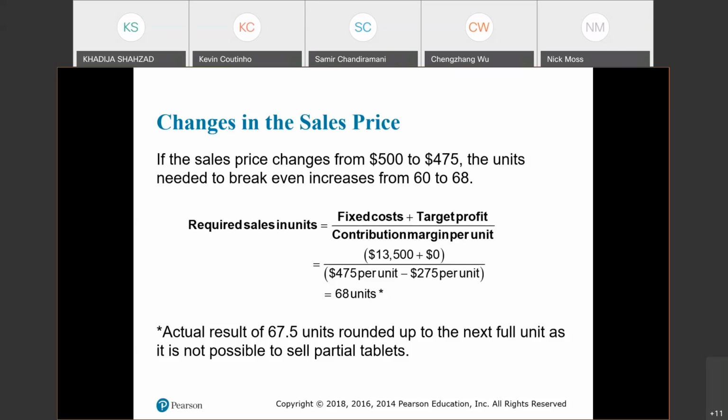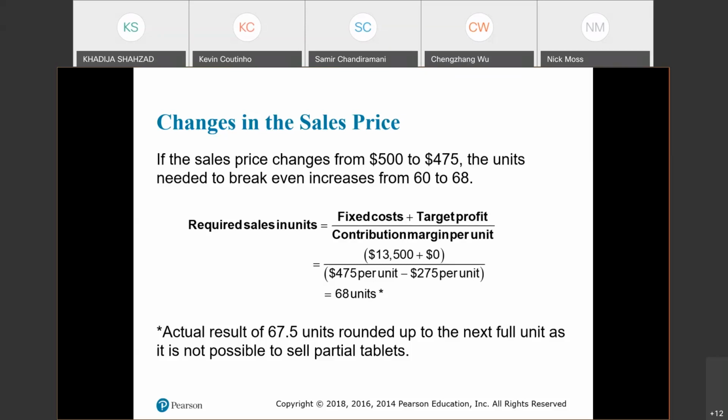Well, in this case, we know the selling price changes from $500 to $475. So the denominator decreases. So the final result should increase.